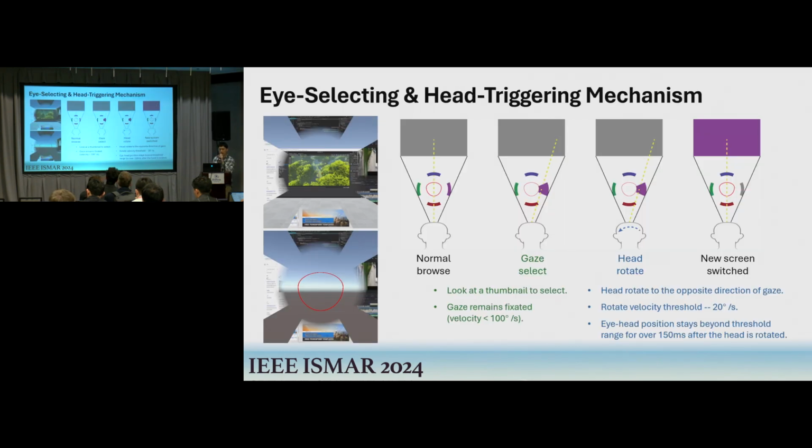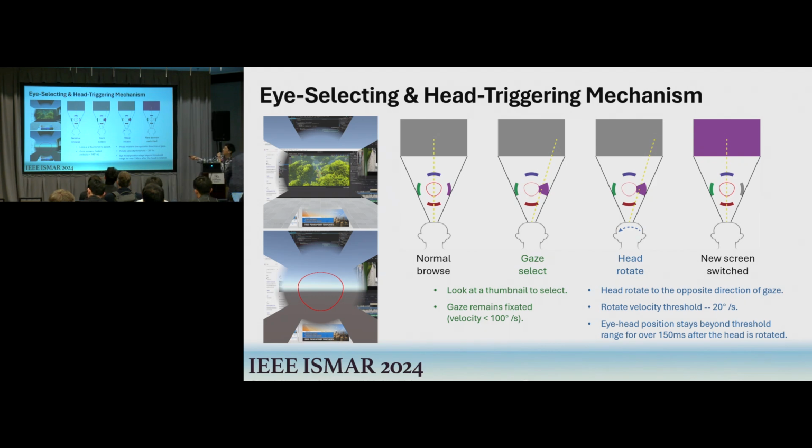So for our system, in order to trigger a successful screen switch, first the user has to look at a thumbnail to select it. Here are the thumbnails surrounding the view.